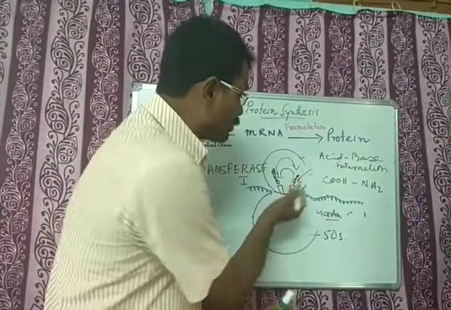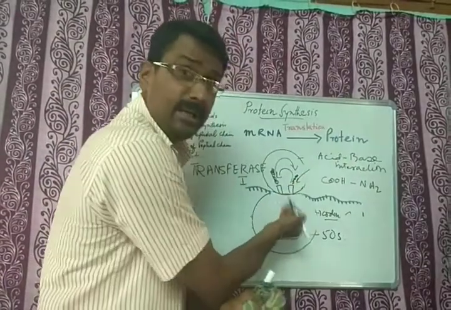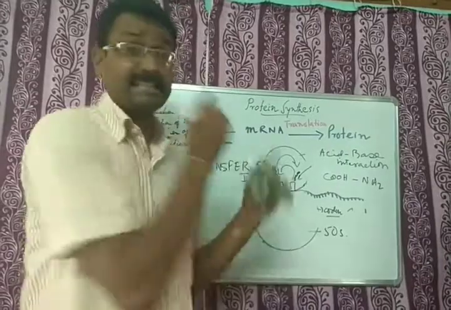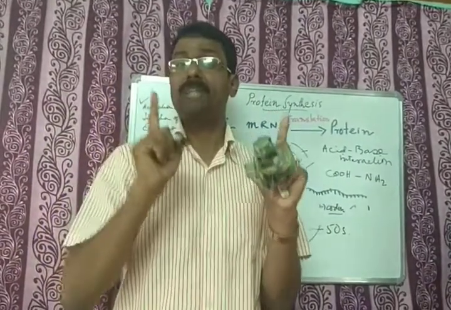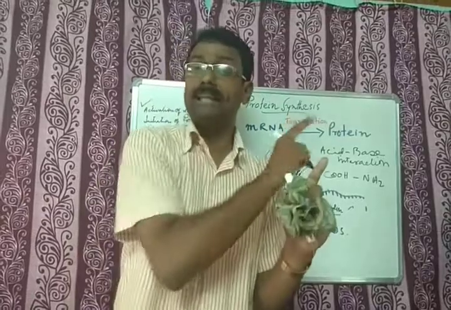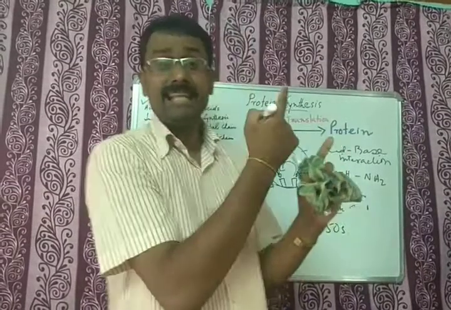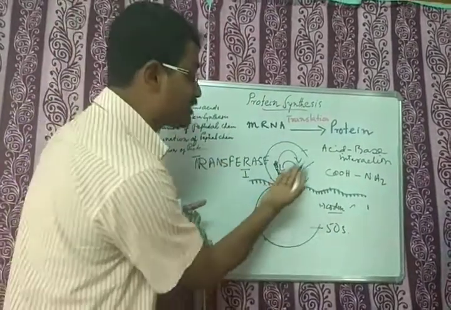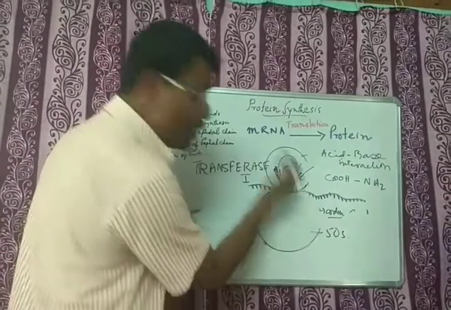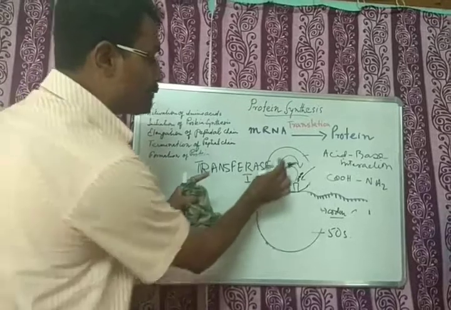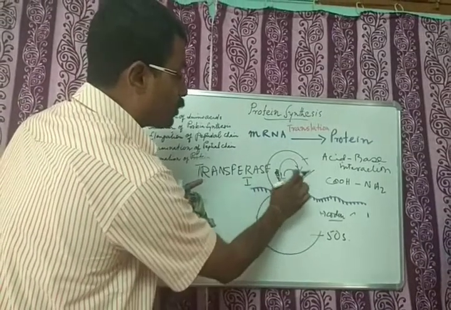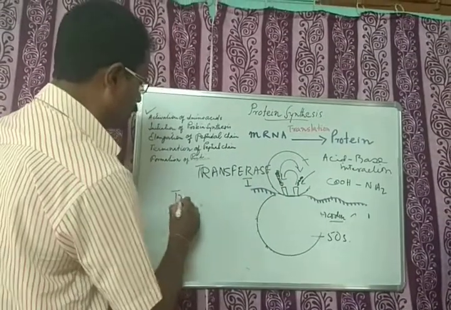Now what will happen to the chain of amino acids that has come newly? There is a simultaneous process. The moment the peptidal chain is shifted from the P site to the A site, the chain of amino acids will be shifted from the A site to the P site by transferase 1. The shifting of the peptidal chain from the P site to the A site is by transferase 2.